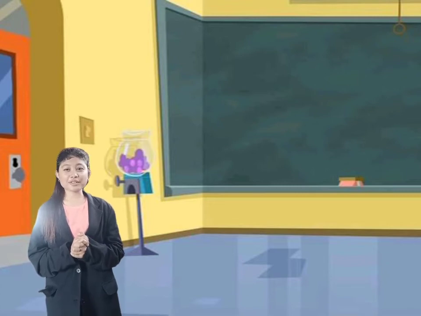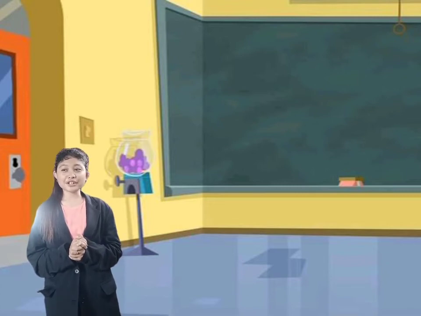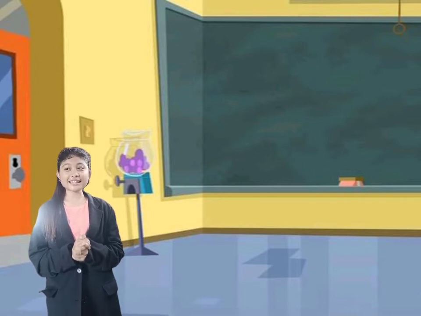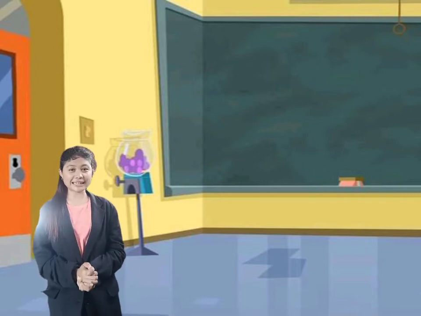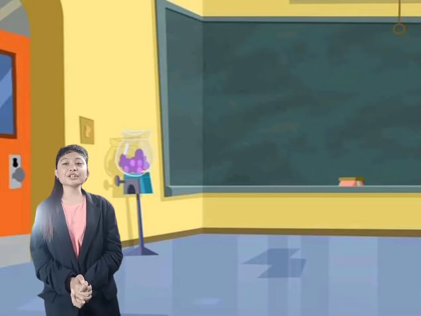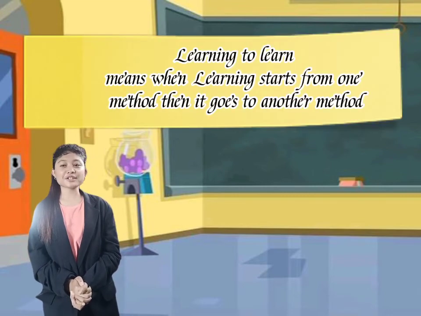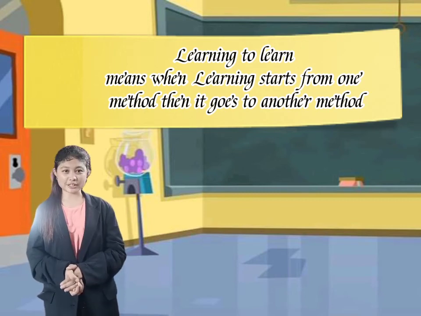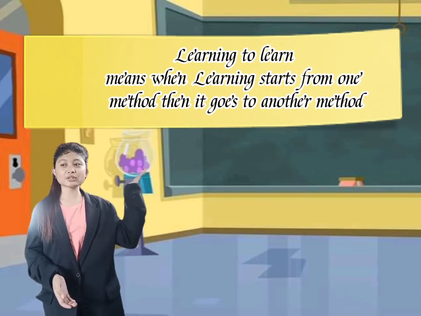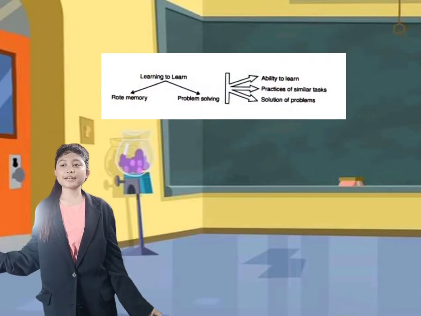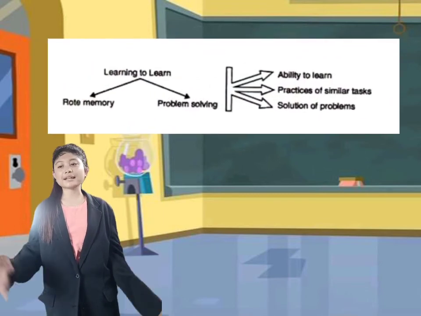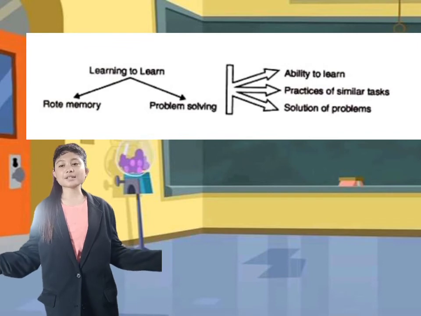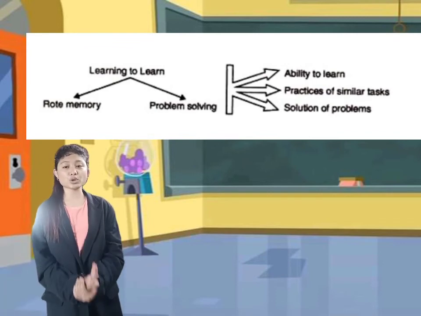It is found that whenever a learner comes in contact with various learning materials, he learns efficiently and effectively. Learning to learn means that when learners start from one method, they then go on to another method. So here we go: learning to learn, role of memory, problem solving, ability to learn, practice of similar tasks, and solution of problems.